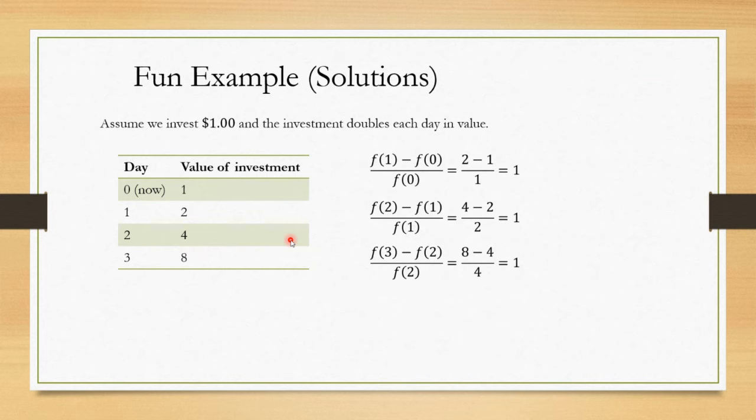However, this is true. If you were to calculate the relative change every time you increase your input by 1, the relative change is always going to be 1, meaning our R is always 1. Basically, if it doubles in value, it's growing by 100% because you're adding on the full value.